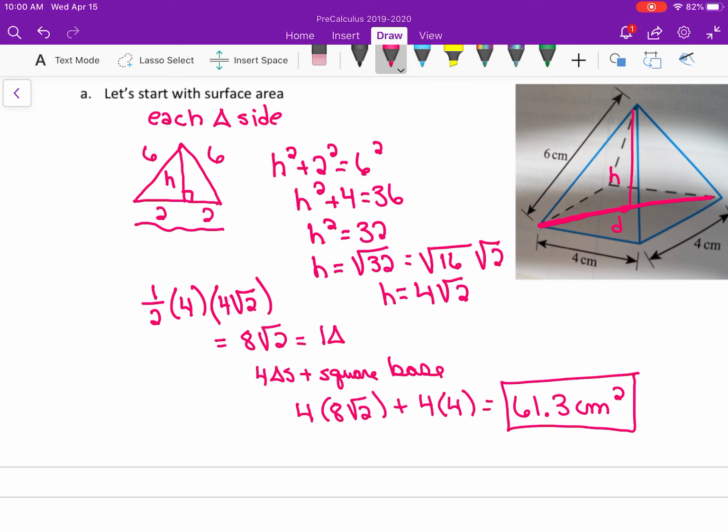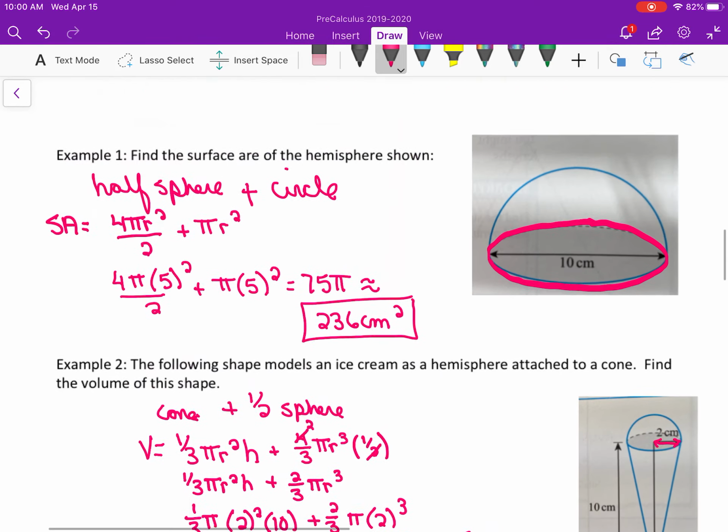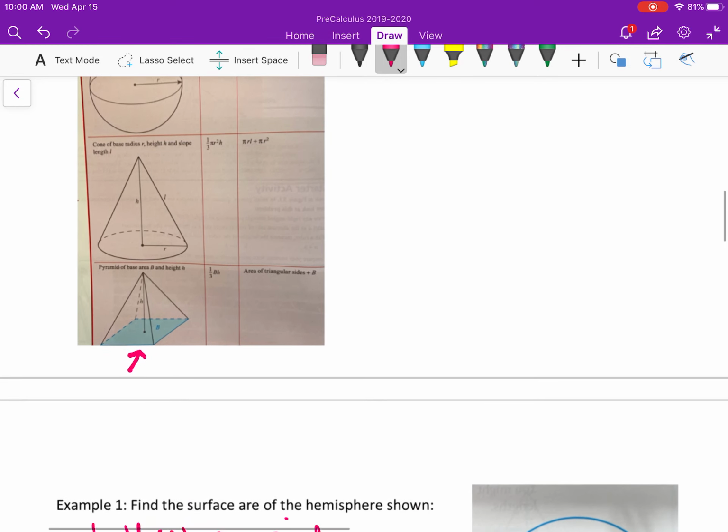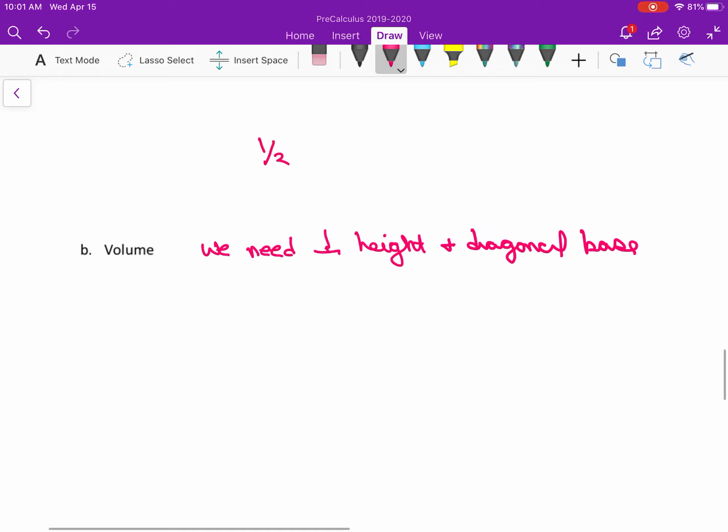But yeah, we need the diagonal across the base, and we need the perpendicular height. All right, so that's what we need. I was going to go ahead and write 1/3 base times height down here. All right, that's what we're looking at. And that means area of the base.